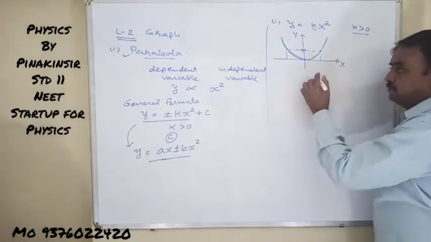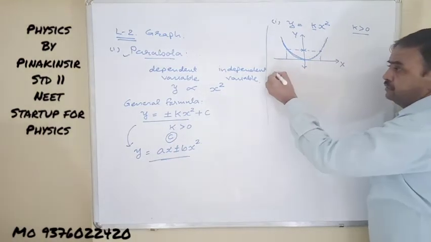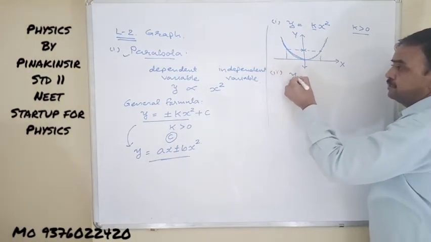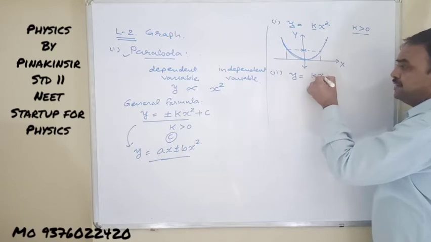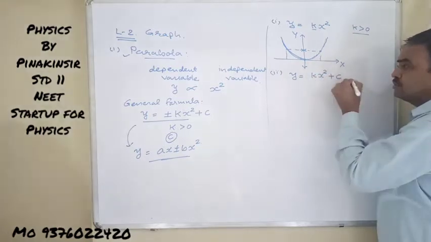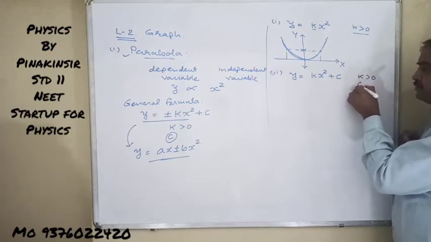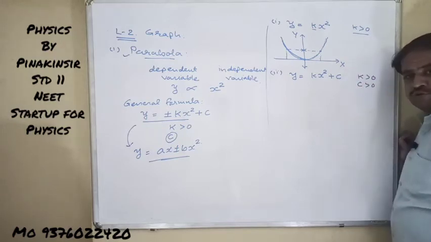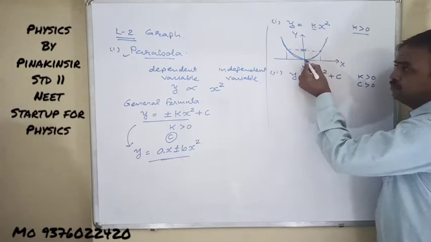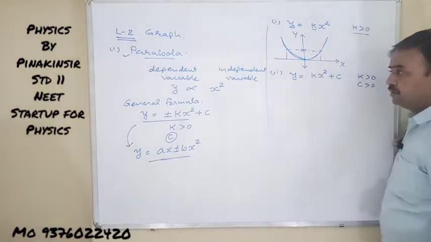Now if we are having an expression like this, kx square plus some constant, here k is greater than 0 as well. If c is greater than 0, then the graph will not pass through the origin.